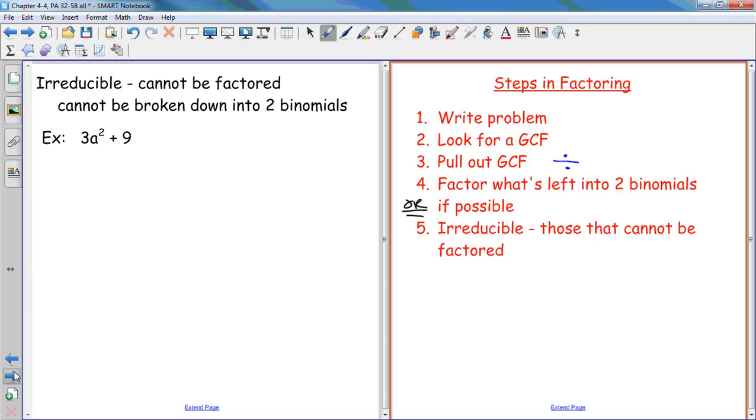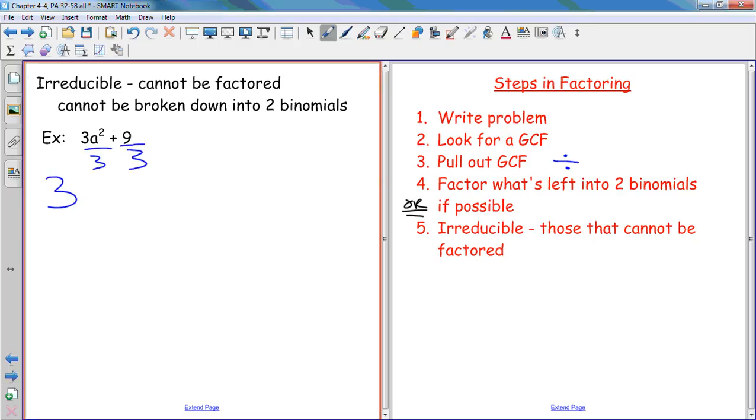So pull out a 3, divide both parts by 3, and what do you have left? Is x squared plus 3 factorable? Can you put it into two binomials like you did yesterday? No. So that is irreducible. Cannot be broken into two binomials.